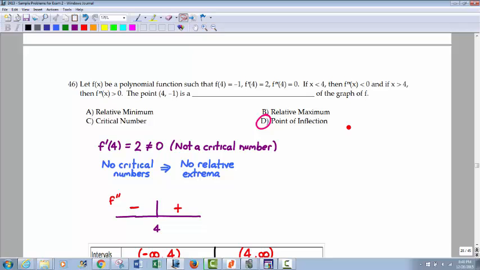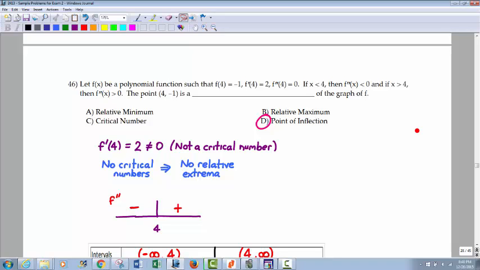But really, for this to have a chance, if this is going to be 0, the first derivative would also need to equal 0, because then that would open up the possibilities: could it be a min or max, or could it be a point of inflection? It won't be both.